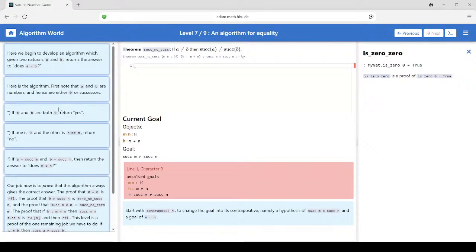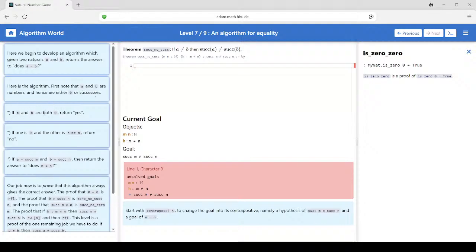Okay, what's happening now? Here we begin to develop an algorithm which, given two naturals, A and B, returns the answer to does A equal B? Here is the algorithm. First, note that A and B are numbers and hence are either 0 or successors.